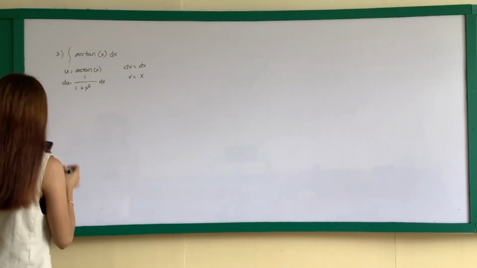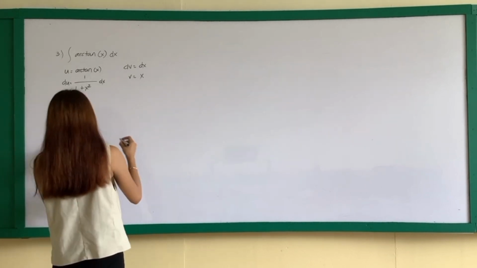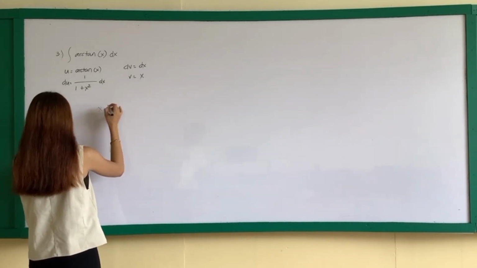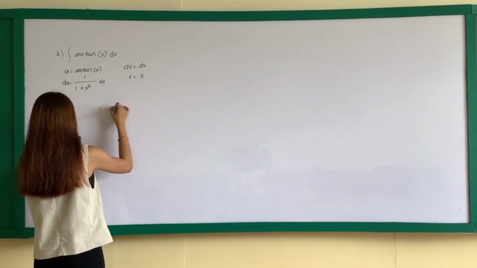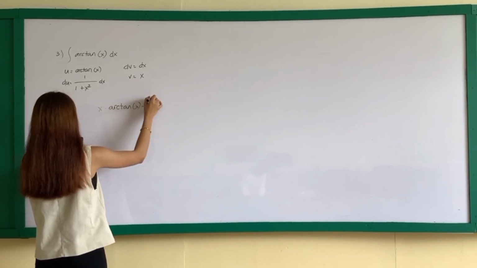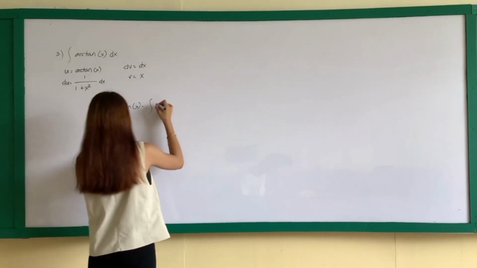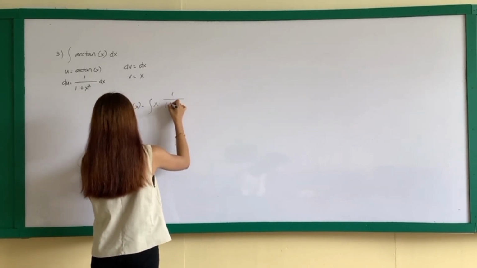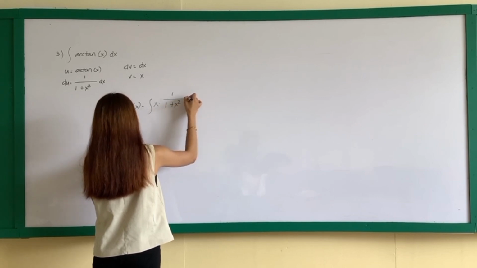And let's apply our formula. So we have here x multiplied by arctan x minus the integral of x times 1 over 1 plus x squared dx.